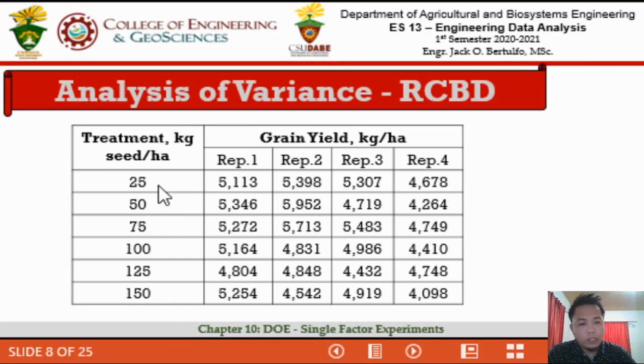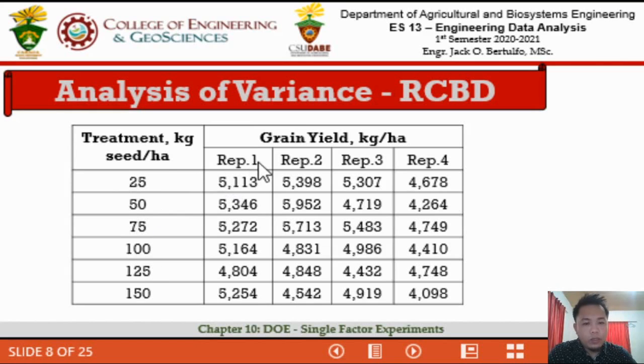Let's say our treatments are 25, 50, 75, 100, 125, and 150. Now, we want to find out if among these treatments the yield is different. Let's say our objective is to see whether 25 kilograms differs from 50 kilograms, or whether 50 kilograms differs from 100 kilograms.